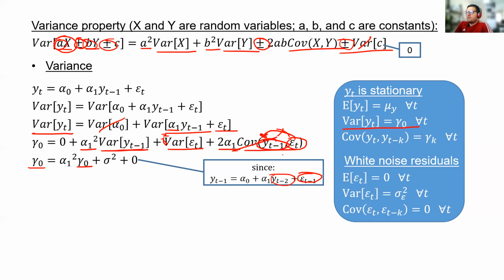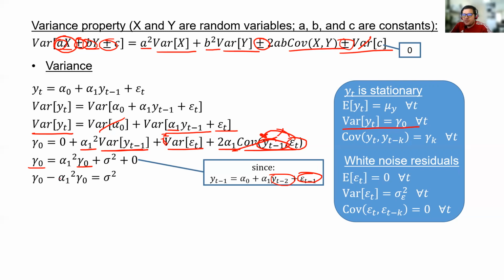Therefore, this covariance will be equal to 0. So it's always handy to remember what determines yt minus 1, in this case, yt minus 2 and et minus 1. So et doesn't have an effect. All of this goes to 0.